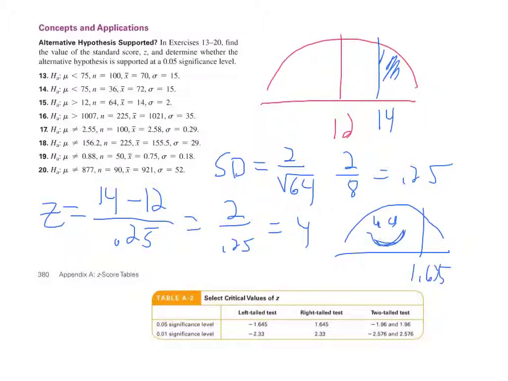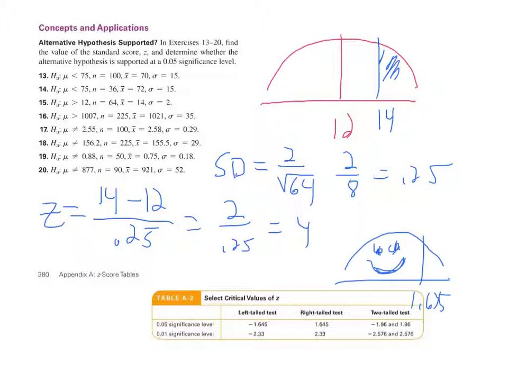If that z-score was down here, HO would be happy, but since it's out beyond here, a z-score of 4 is way out here, so we got to reject HO for this situation, and looks like the mean is not equal to 12.